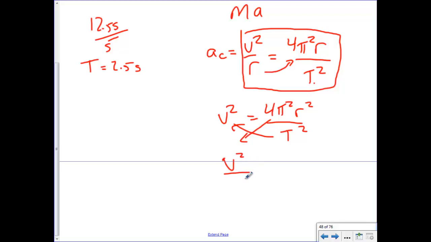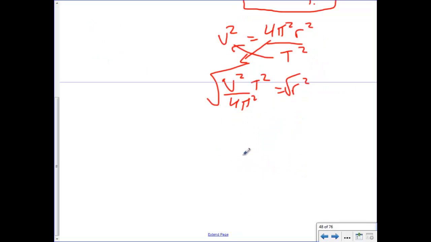So v squared over 4 pi squared times t squared would equal r squared. And then to get r by itself, I'd square root everything. So that would really be v t over 2 pi equals r.